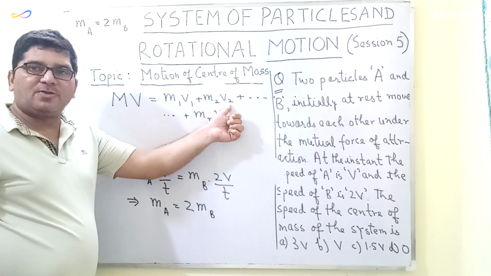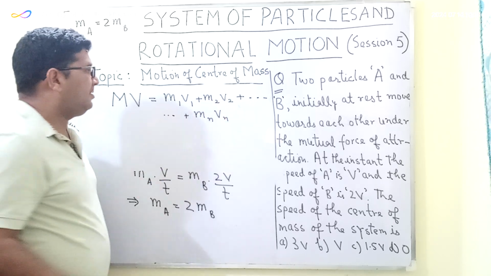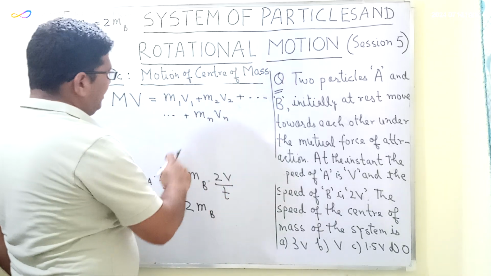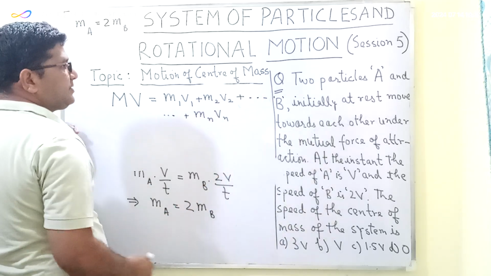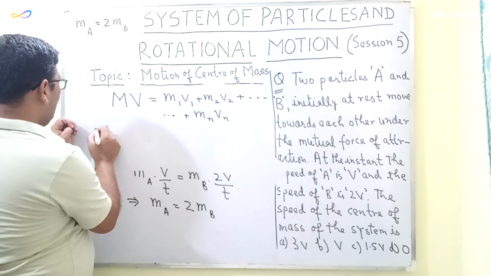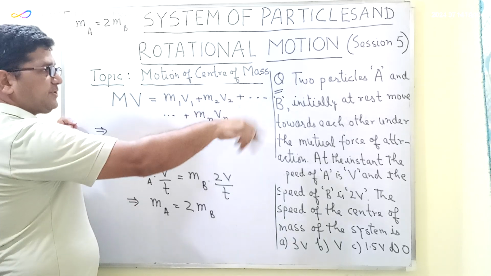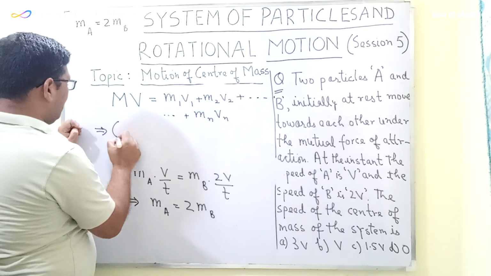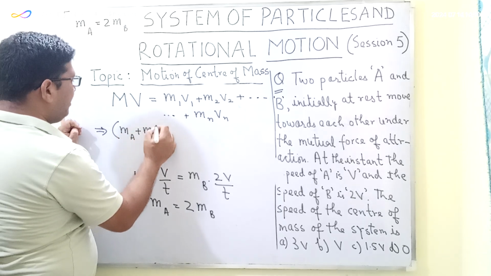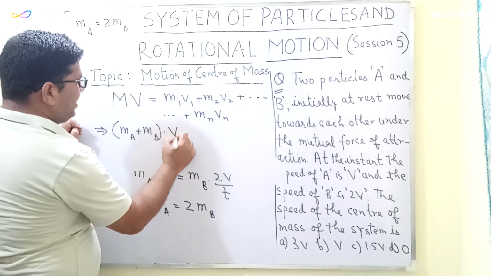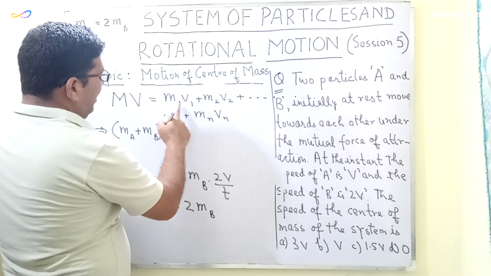Similarly, v2 is the velocity of another particle having a mass m2. And so if there are only two particles, in this case there are only two particles, so the total mass of this system of particles will be equal to ma plus mb, and v is the velocity of the center of mass, and this will be equal to m1 v1.